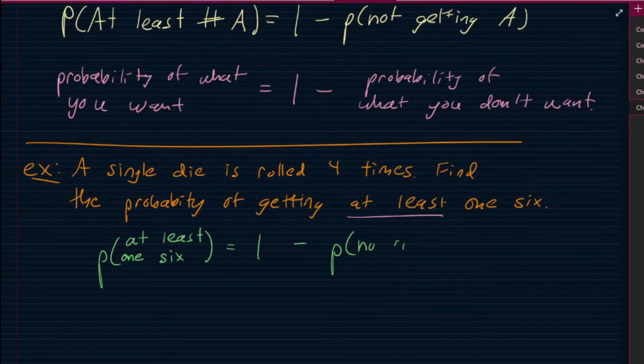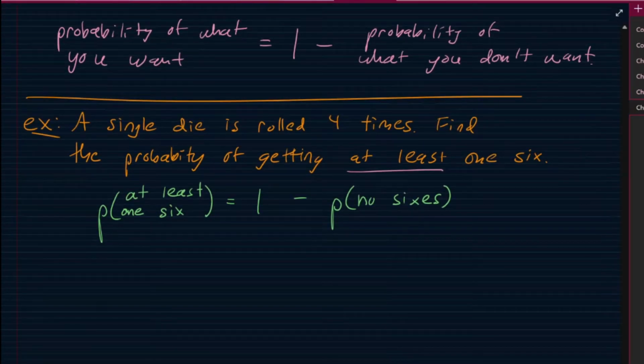And in general, the opposite of at least 1 is always none, right? The opposite of at least 2 would be 1 or none. But in this class, I believe they only do at least 1. So it's just always going to be the opposite of at least 1 is none. And then that allows you to use the formula. So our probability of getting at least one 6 is 1 minus the probability of getting no 6s.